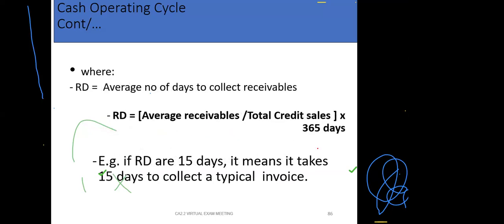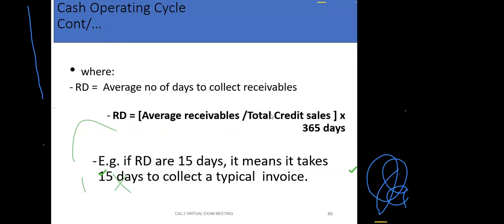Then the receivable days are calculated as average receivables. Again, if you have opening receivables and closing receivables, you have to calculate the average. So add those two figures and divide by 2 to get average receivables. Then you divide by the total credit sales.